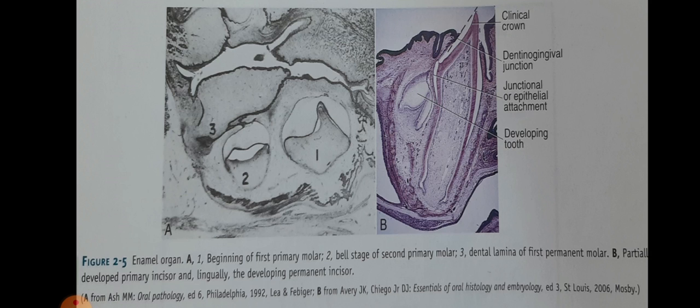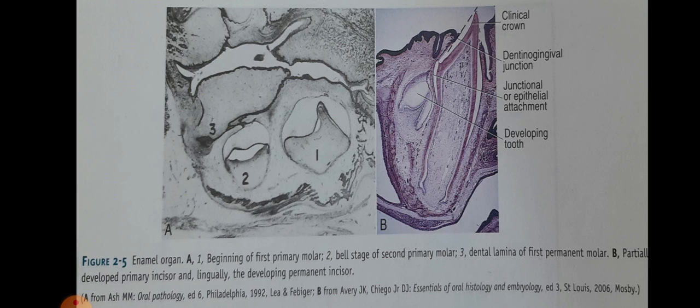Emergence of the primary dentition begins between the 6th and 13th months of postnatal life.